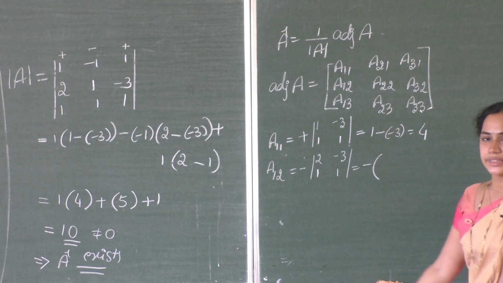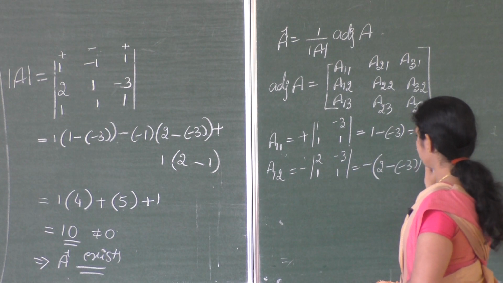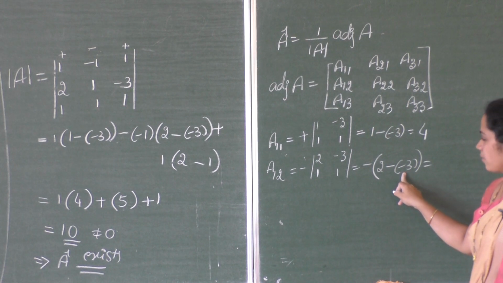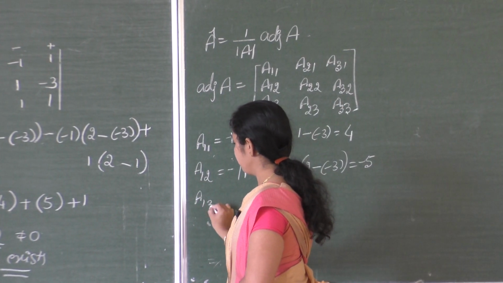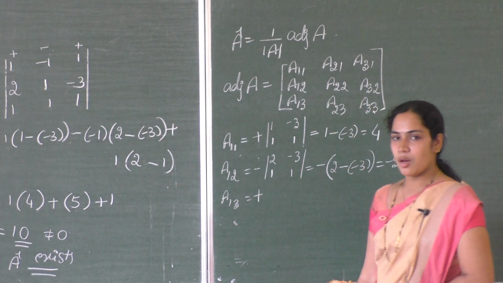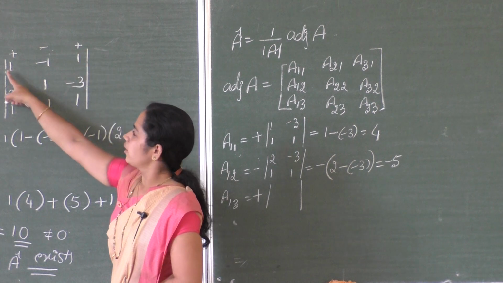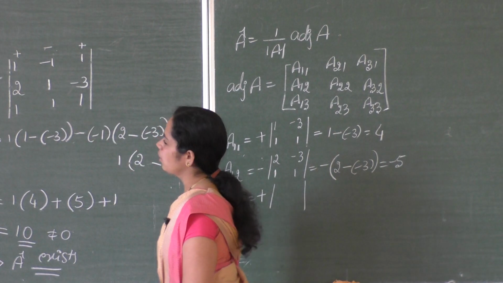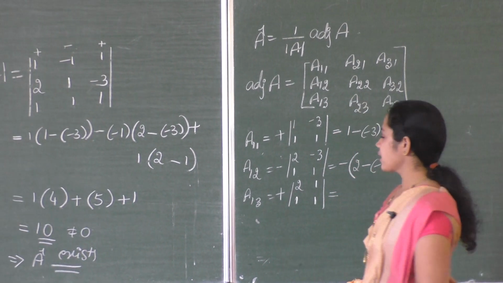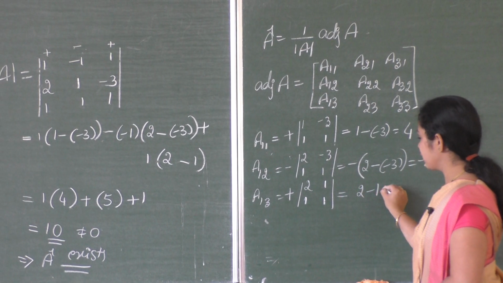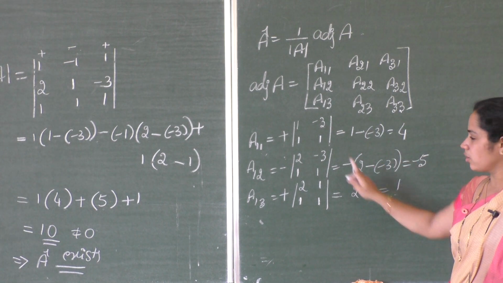This is minus of 2 minus -3, 2 plus 3, 5, so it is -5. Next, A13 is positive; delete first row and third column, what is remaining? 2, 1, 1, 1. This is equal to 2 minus 1, this is 1. If you can write this directly, no need for this.